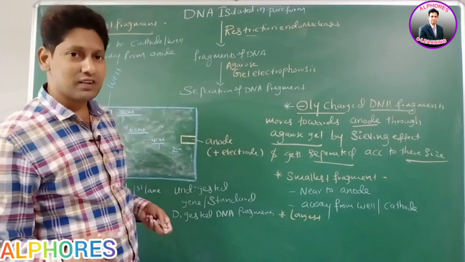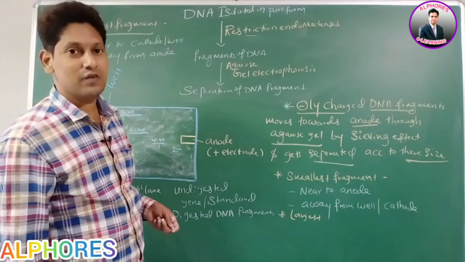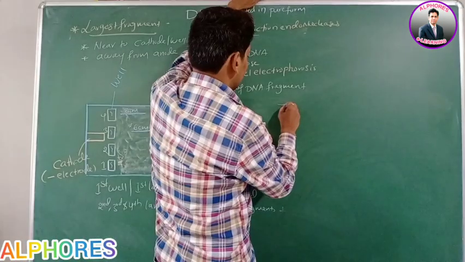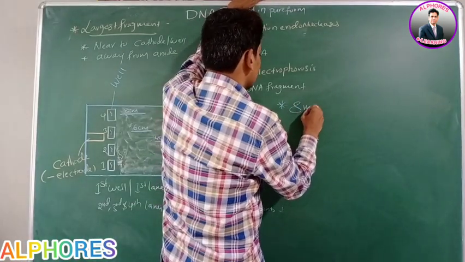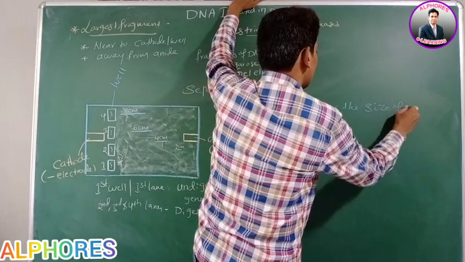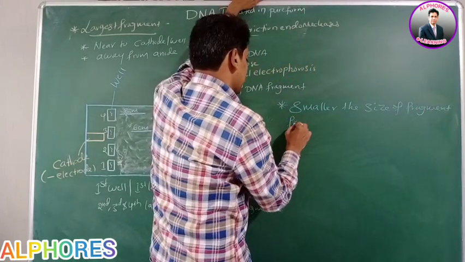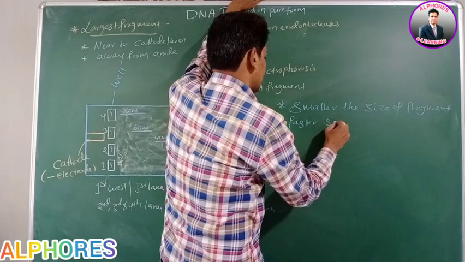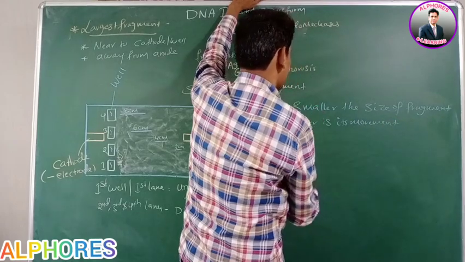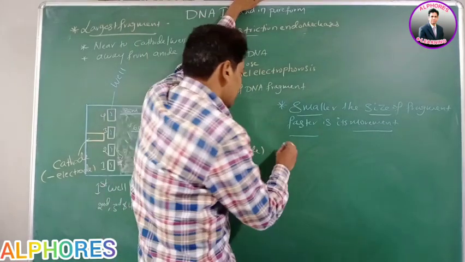Therefore, the smallest fragment moves fast, whereas the largest fragment moves slowly. Is this statement okay?